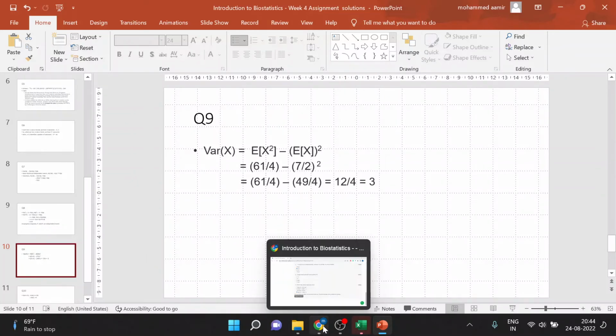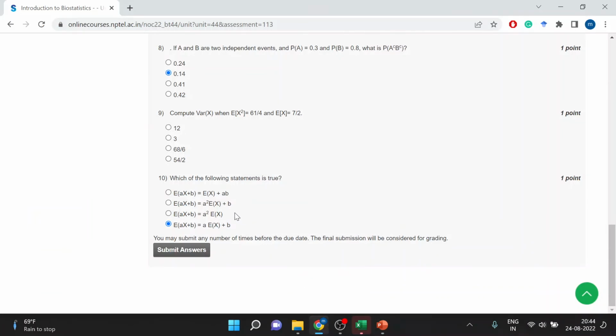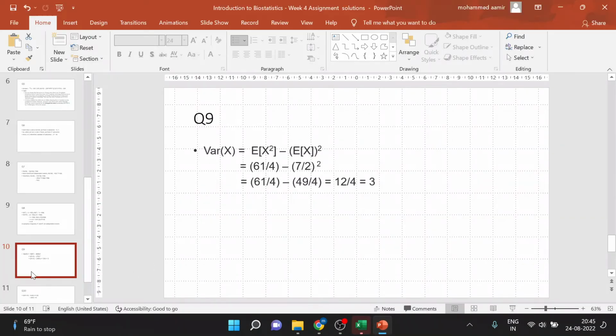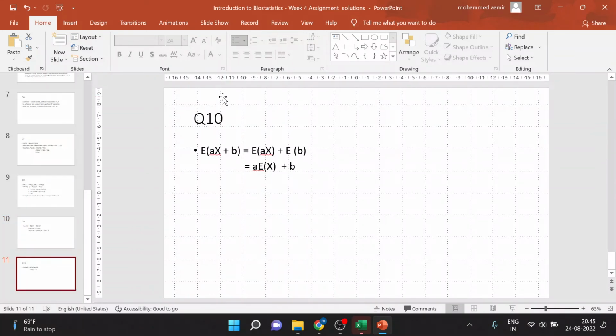And the last question is, which of the following statements is true? Let's solve for this. Expectation of Ax plus B can be separated because it's in a linear form. So E of Ax plus B is nothing but expectation of Ax plus expectation of B, where A and B are constants.